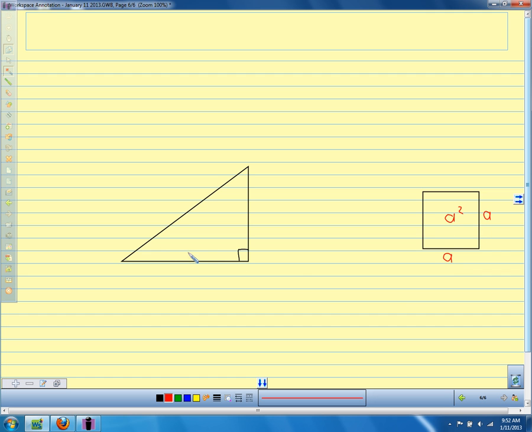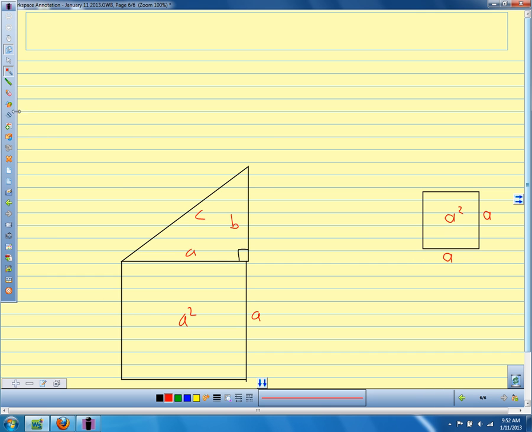Well, if this side of my triangle is A, this is B, and this is C, one way to think about the Pythagorean theorem, and the way the Greeks thought about it, is that if I make a square on that side of the triangle, and I make each side A, this area is A squared.